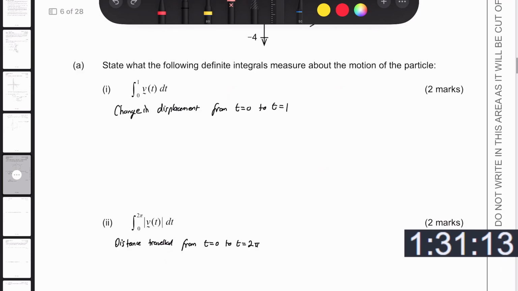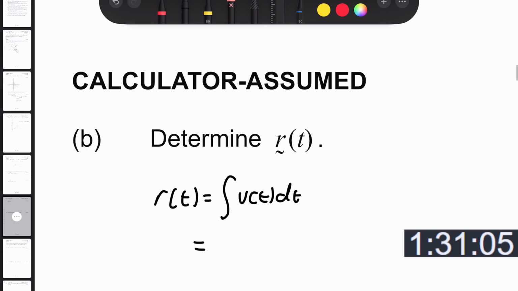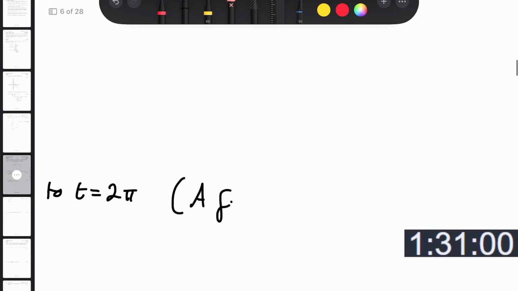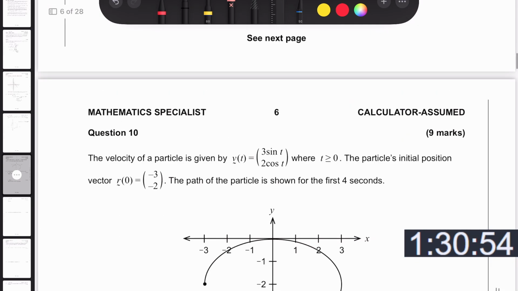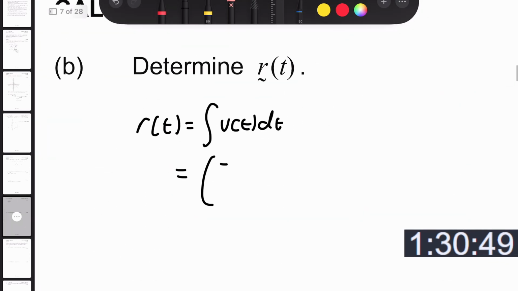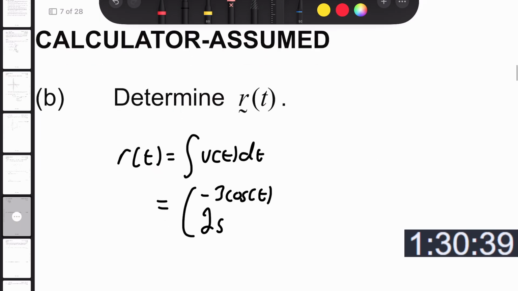Now it goes as v of t, okay? Now r of t is going to equal the antiderivative of v of t dt. So I'm going to say a full period. So r of t is 3 sine, so that's going to be -3 cosine of t. Wait, not over. Cosine, so this will be 2 sine of t plus c.